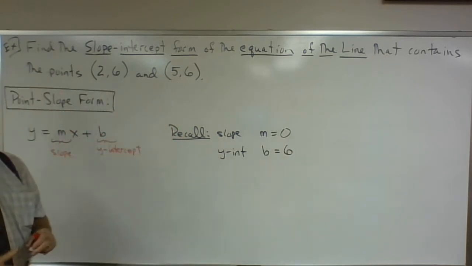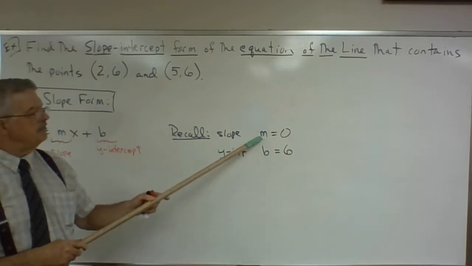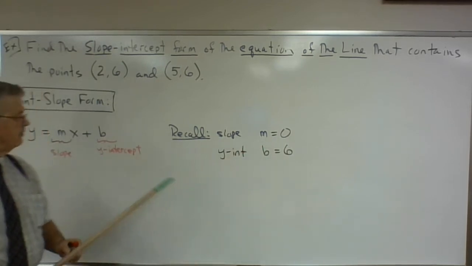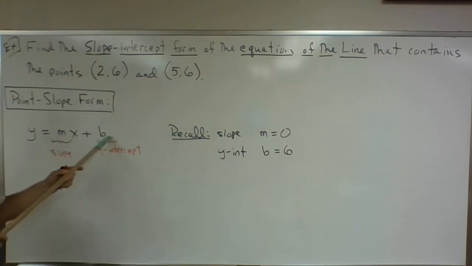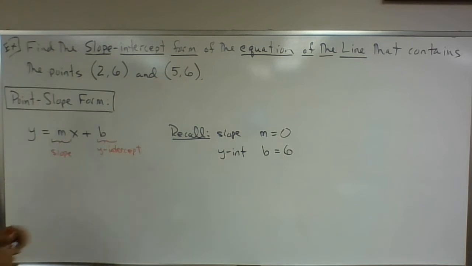We're going to take these values for m and b and plug them into this equation, okay? And that will give us the slope-intercept form of the line that contains these 2 points.